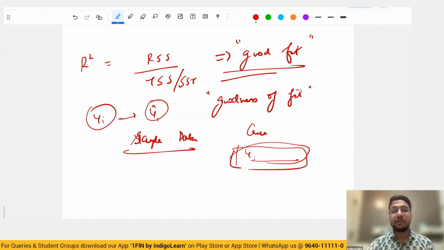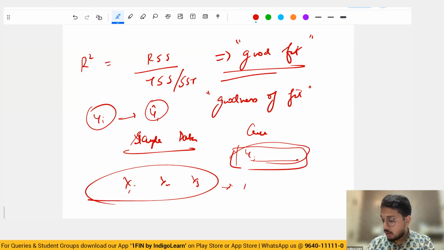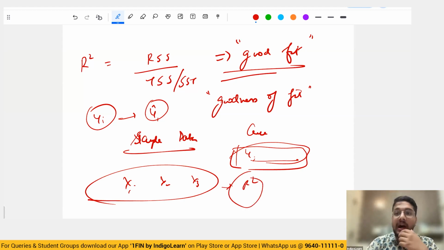One of the problems with the model is that as the number of variables increases, that means x1, x2, x3 increase, R square also starts increasing. Do you think in that case we should ideally use R square? Should we use R square in that case? What do you think?